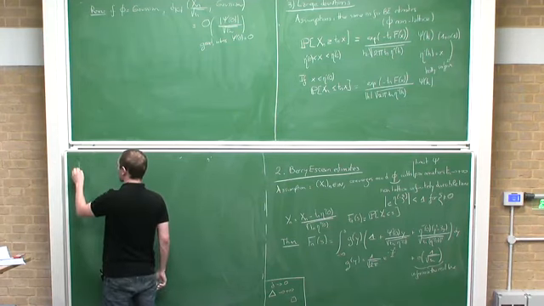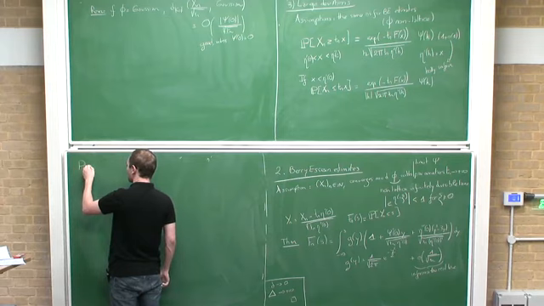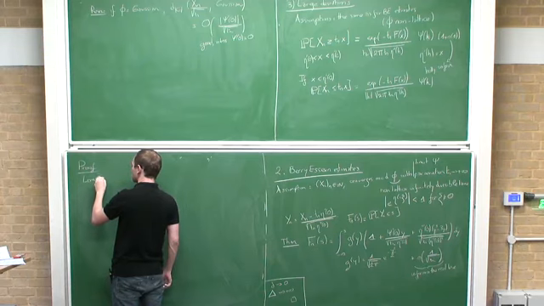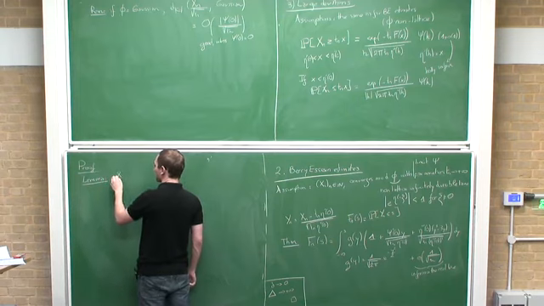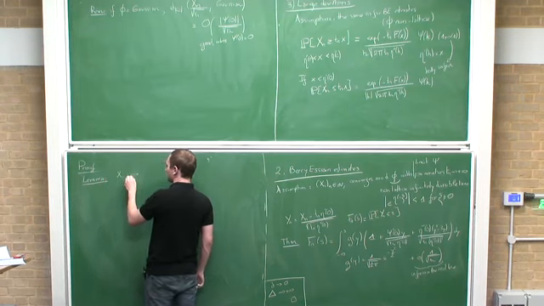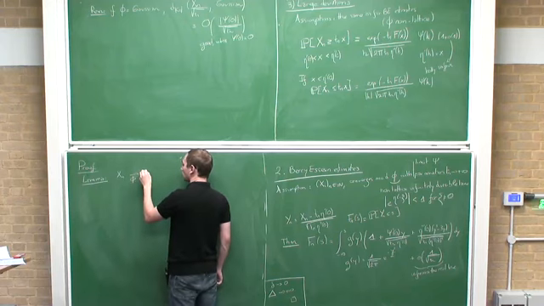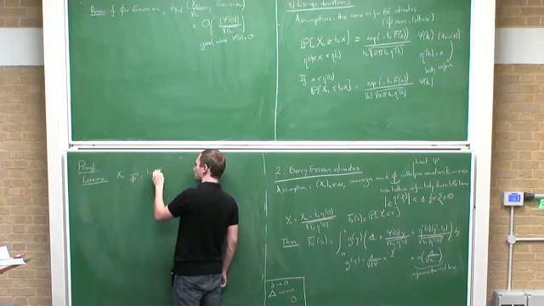The proof starts again with an important lemma that I'm going to prove. So I suppose that I have xn that converge mod phi with parameter tn.